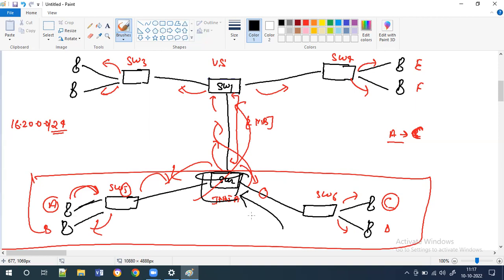Instead of having PC A's MAC address as the destination, it will use the router MAC address, right? So there are two problems when you have the switch. The first is broadcast and the second is cost. So definitely we have to go with the router. If you go with the router, then we have to do the subnetting, right?